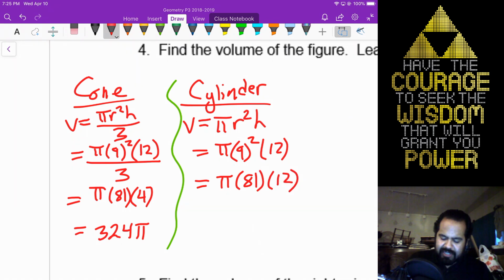I could try to cheat a little. My brain kind of hurts. It's the end of the day. So no harm, no foul. Don't worry, you'll get to use your calculator, so you don't have to get mad at me. So we're going to have 972 pi.